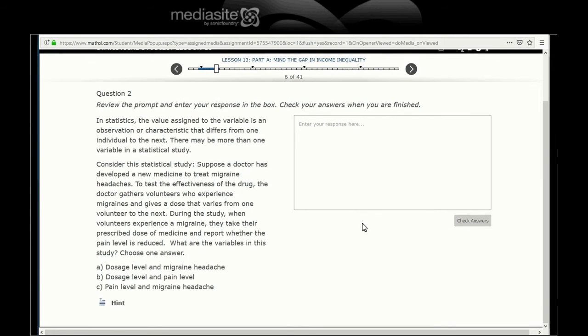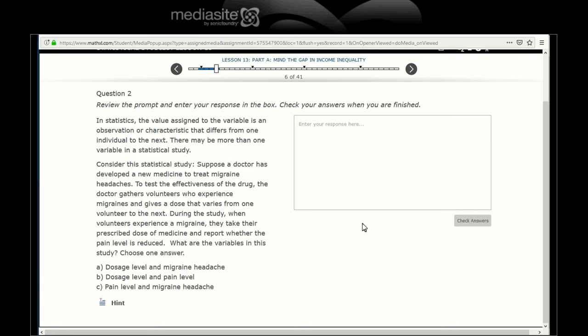Review the prompt. In statistics, the value assigned to the variable is an observation or characteristic that differs from one individual to the next. There may be more than one variable in a statistical study. Consider this statistical study. Suppose a doctor developed a new medicine to treat migraine headaches. To test the effects of the drug, the doctor gathers volunteers who experience migraines and gives a dose that varies from one volunteer to the next.